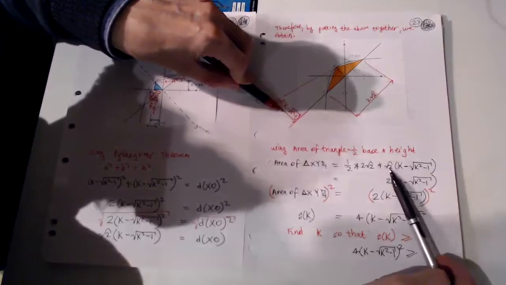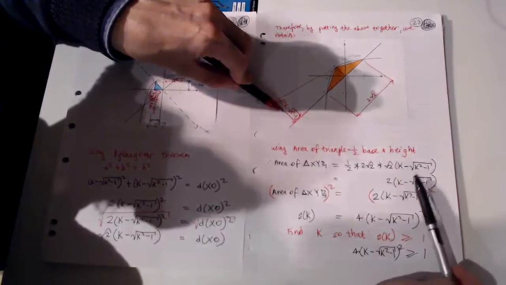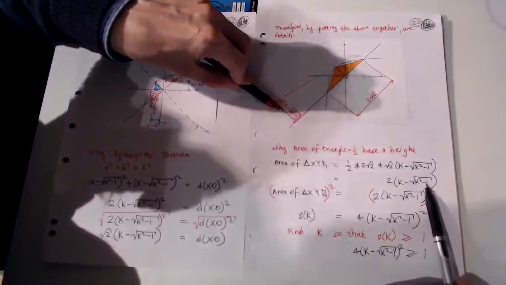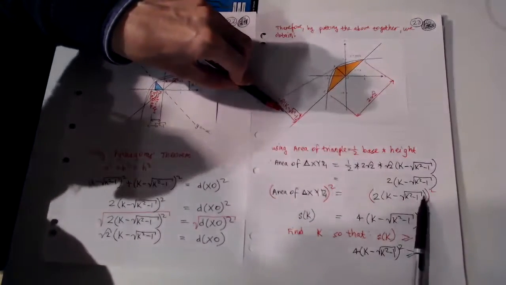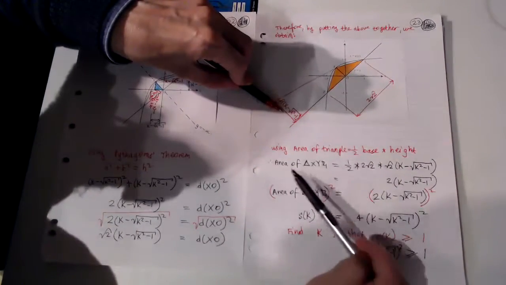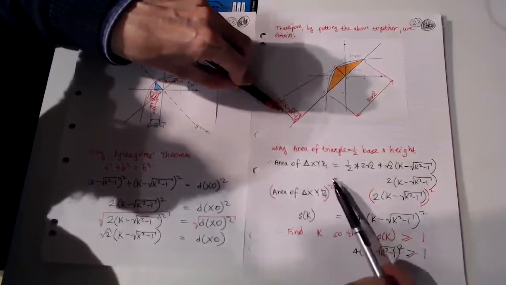Square root of 2 times square root of 2 is 2, and k minus square root of k squared minus 1. And that's the area of triangle XYZ.